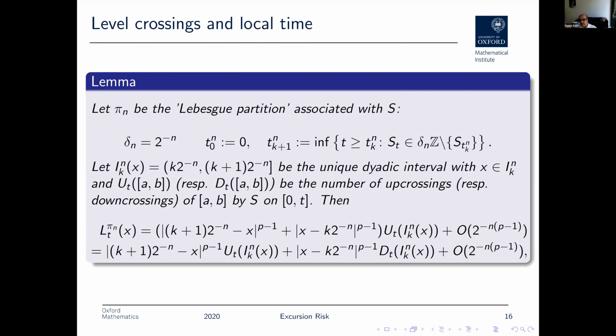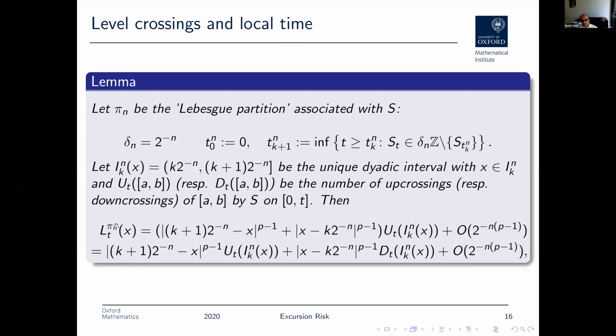This is exactly the concept that we used yesterday. What we call a delta excursion is going from 0 to delta or from delta to 0, so an up crossing and a down crossing. Here we count the number of up crossings and down crossings of some interval AB up to time t.